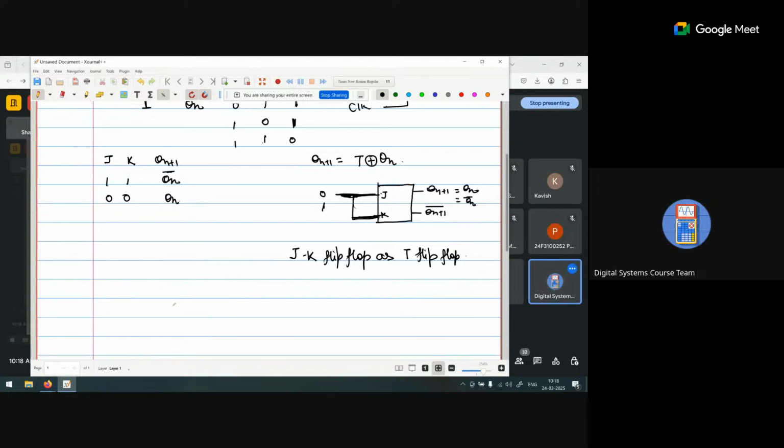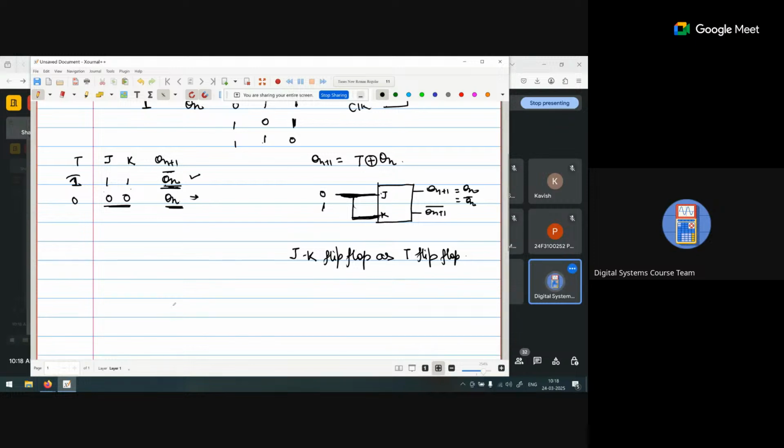So what we do is short these terminals, because we know the JK flip-flop table. In the JK flip-flop table, when J and K are both 0 0, we get Q n. When JK is 1 1, we get Q n bar. Similarly, when T is equal to 1, we get Q n plus 1 bar, and when T is equal to 0, we get Q n.